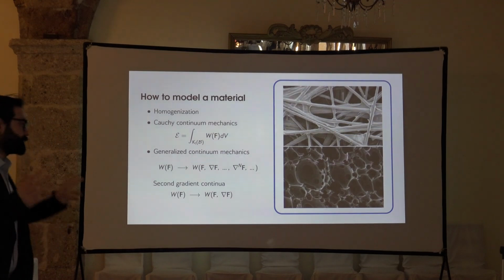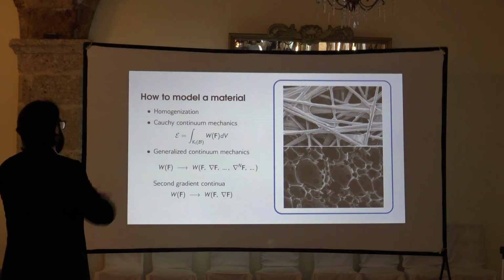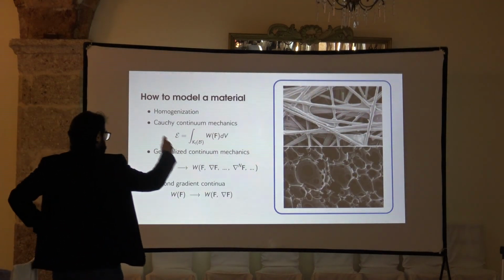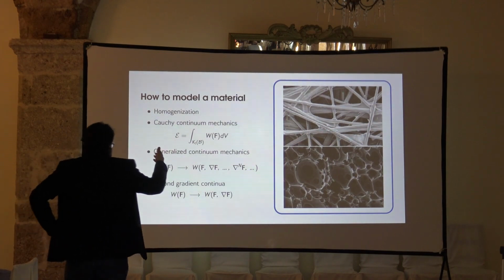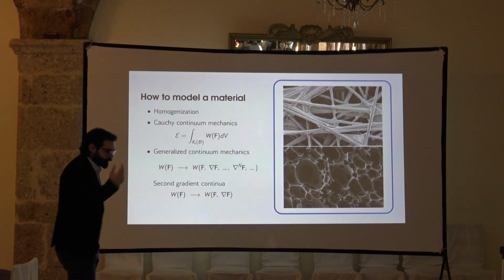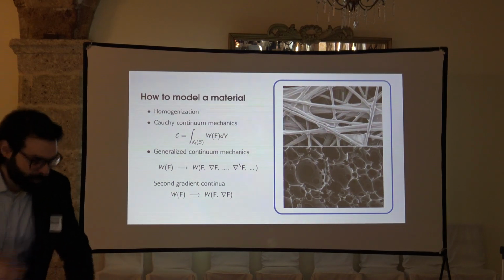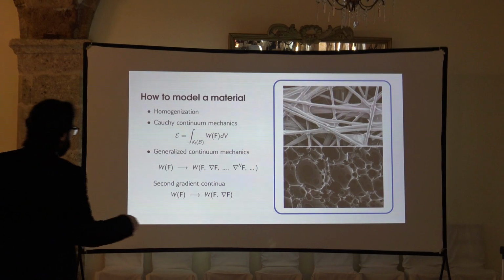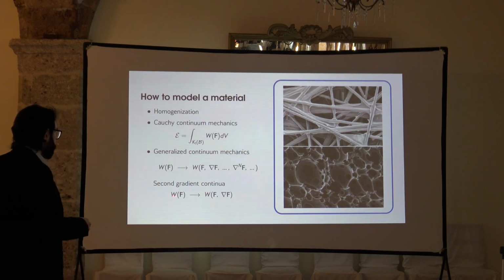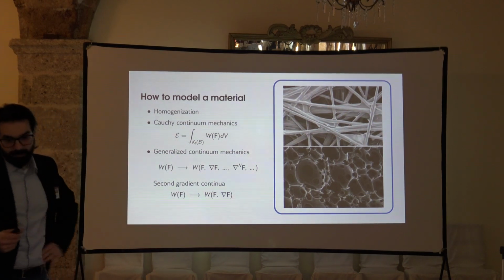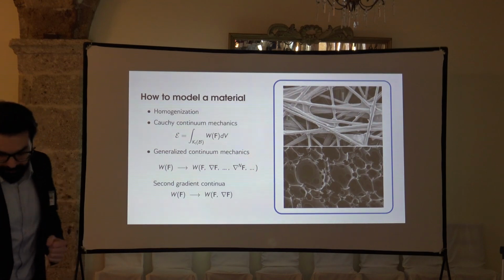Now, to be really quick on this topic, we have already introduced higher order models, generalized theory to describe complex materials. In this presentation we will focus on the first and second gradient. Okay? We will try to simulate these two kinds of continua.